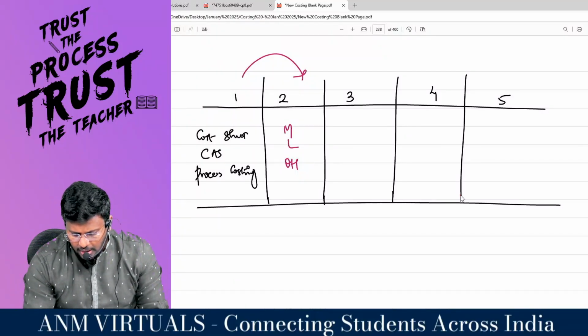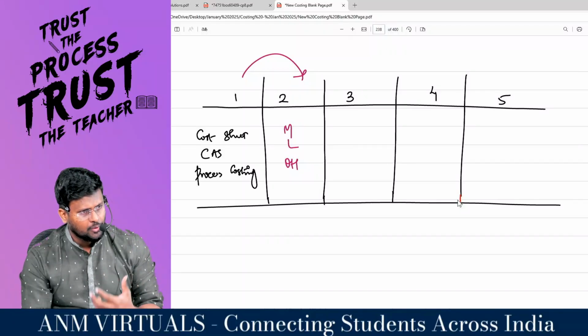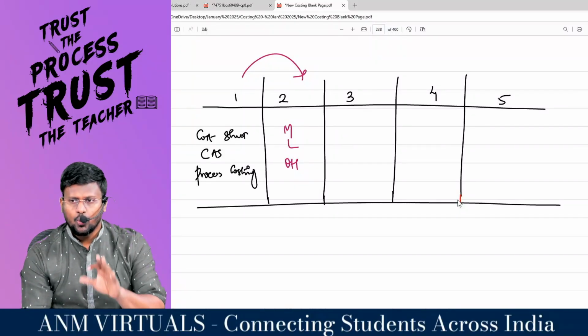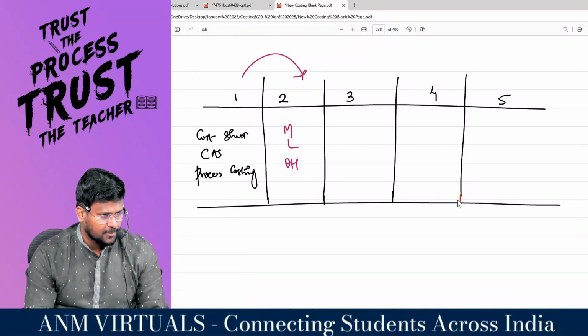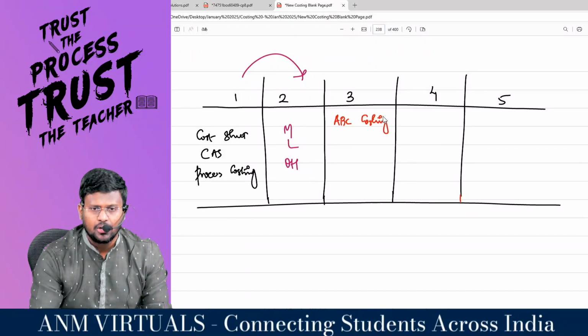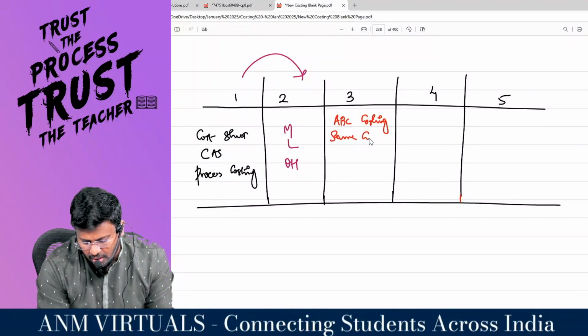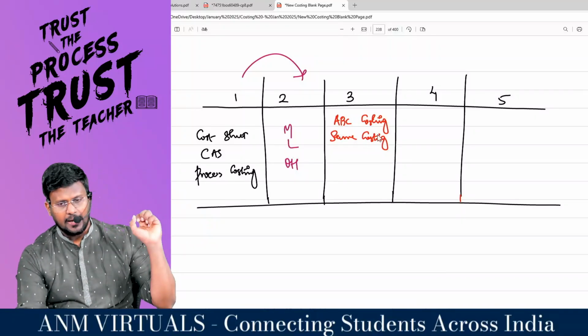Then part number 3 is the types of costing, because the objective of the overhead is to value the cost per unit or stock valuation. In the same way, ABC costing is the advanced version of stock valuation. Service costing is for service units, the service area.